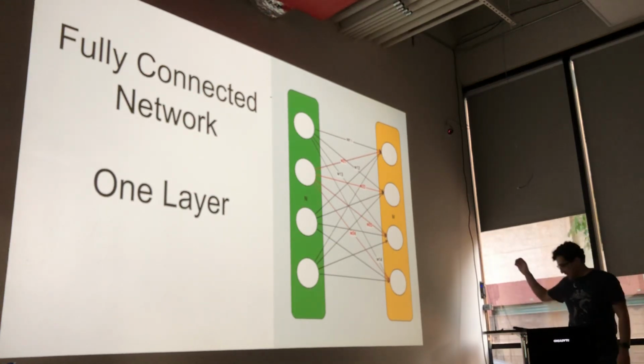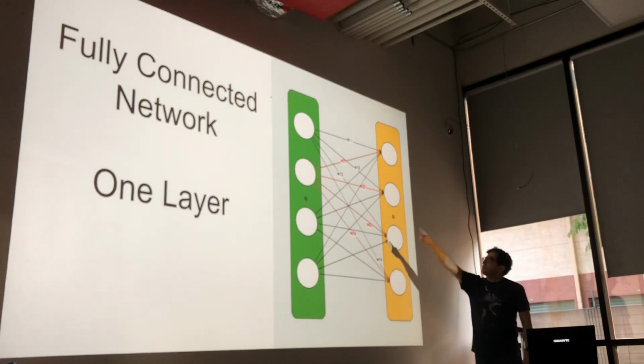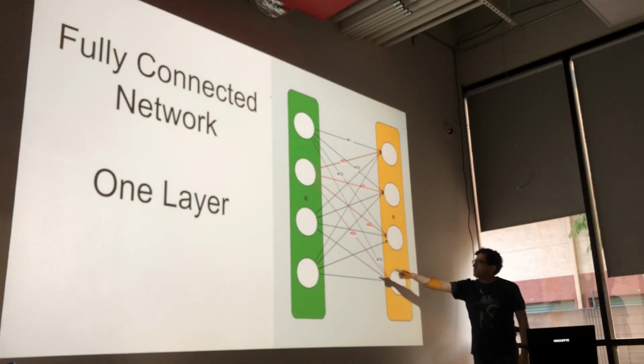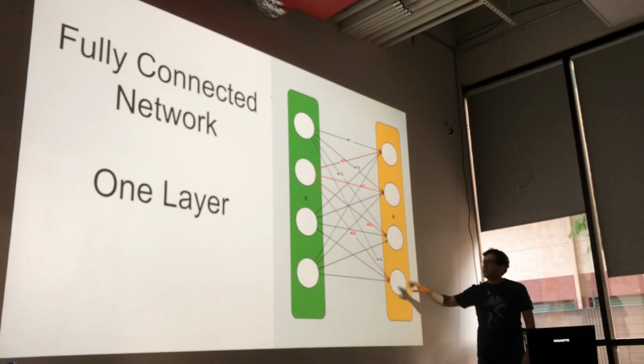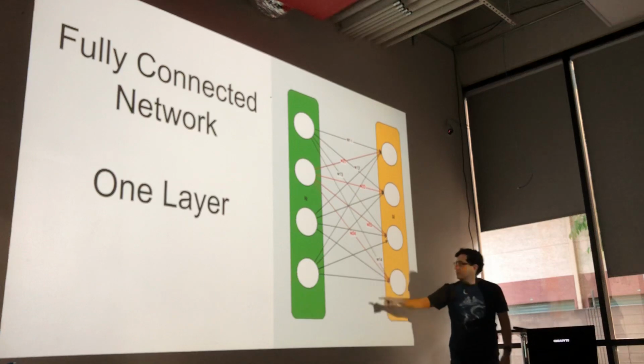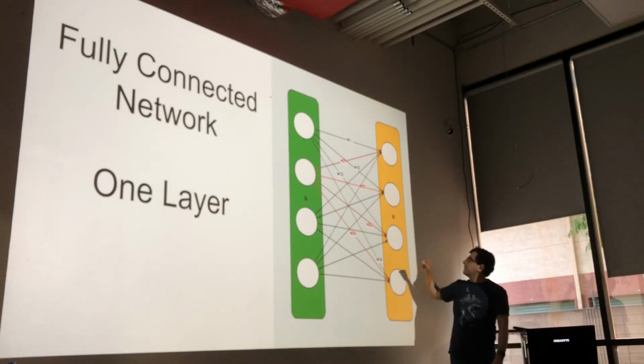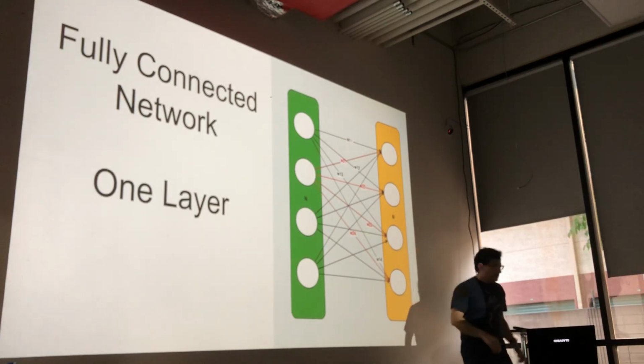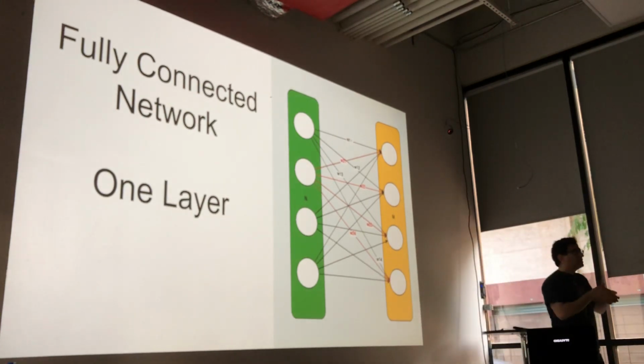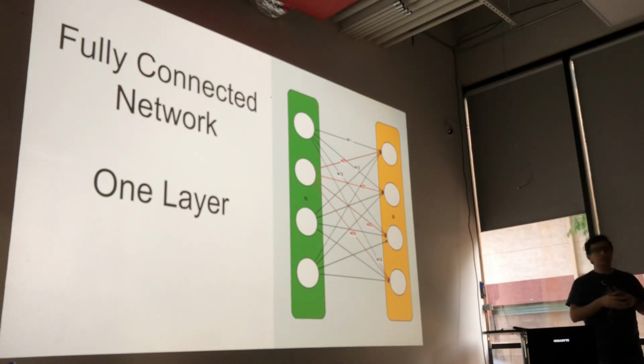So what does this mean? This one, for example, takes an input from every pixel and multiplies it by a certain value. Which means if it wanted to only care about this particular pixel, it will have a high weight on this connection and low weights on the others. Same thing for each one. So at the fundamental level, this is how deep learning works.